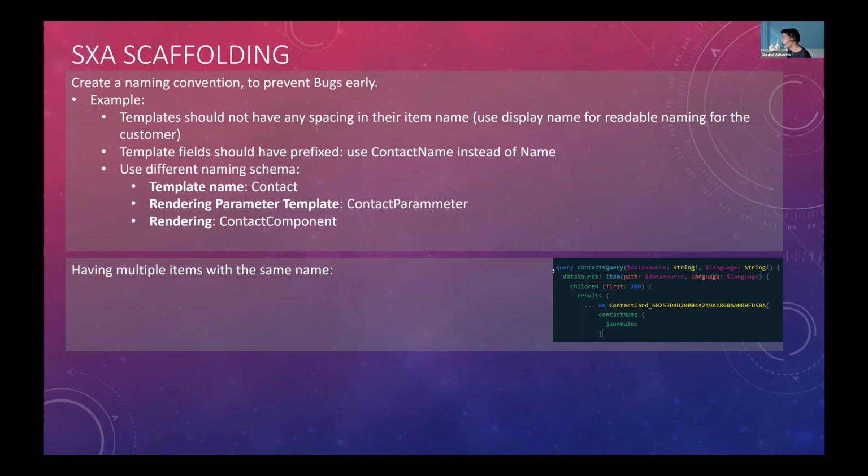And the second reason that I try to avoid having the same name for different items is to have cleaner GraphQL queries. You probably don't want to have something like this in your GraphQL queries. So it's important to have some naming convention. Feel free to apply it, but make it consistent during the project.